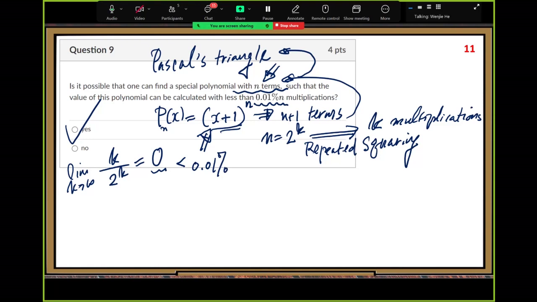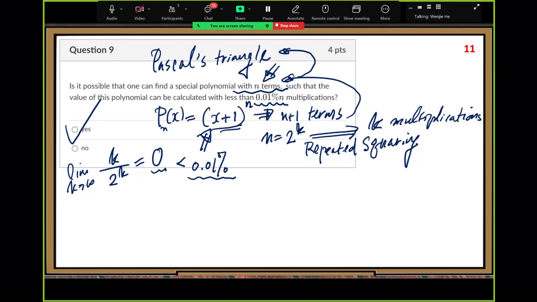That means when k is sufficiently large, their ratio is less than 0.01%. So here, let me write the conclusion.